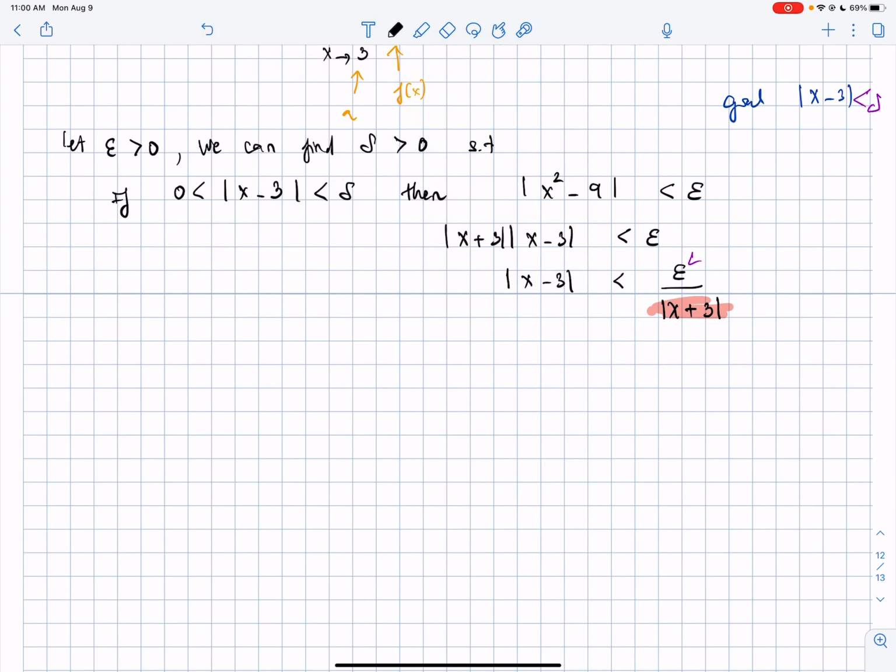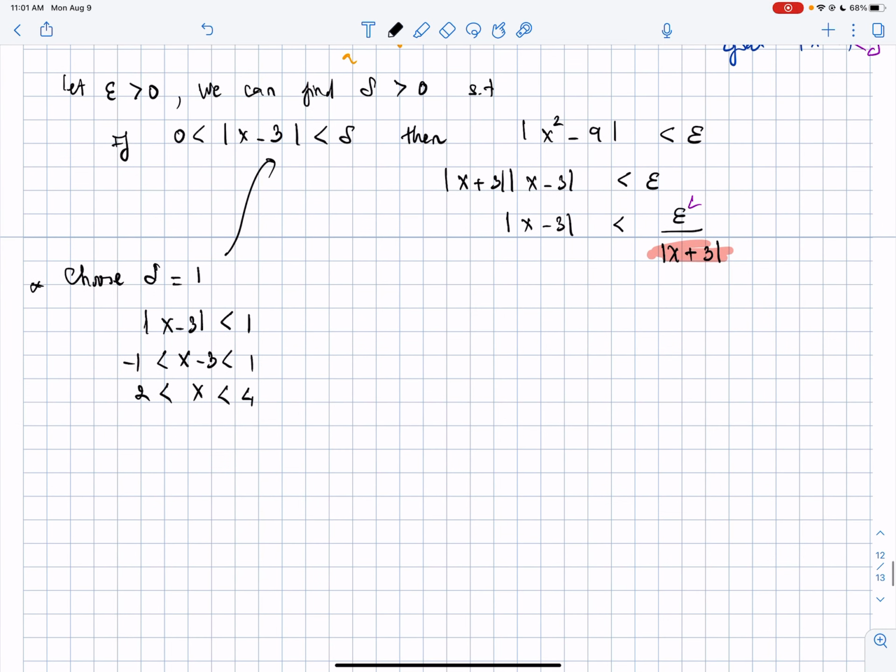Okay, so we're going to choose delta to be 1. So if delta is 1, then from this we have absolute value of x minus 3 less than 1. And from algebra we can solve for x: x minus 3 is between negative 1 and 1, and we add 3 to both sides to get x by itself. So we have 2 and 4.